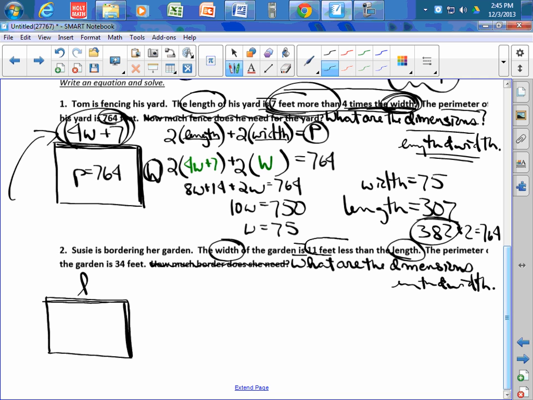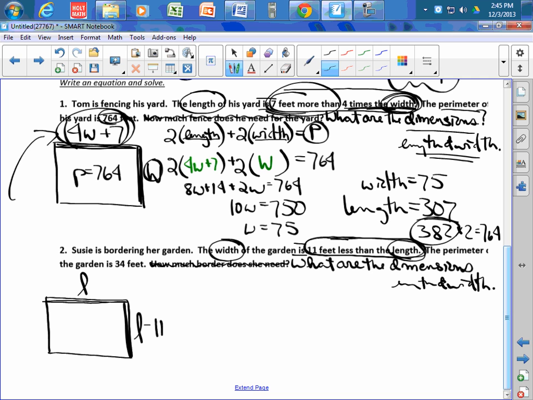So we're going to write an algebraic expression for the word width. We can't use W. We have to write this in terms of length, in terms of L. How would you write the expression 11 feet less than the length? It's not going to be 11 minus L. 11 feet less than the length means you're subtracting the 11, so L minus 11.